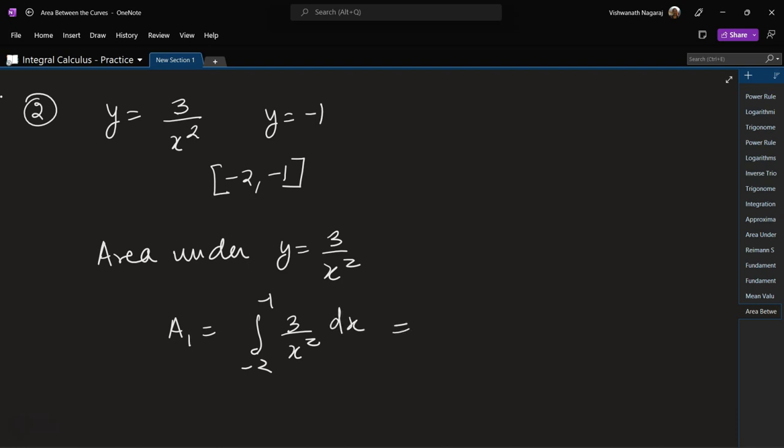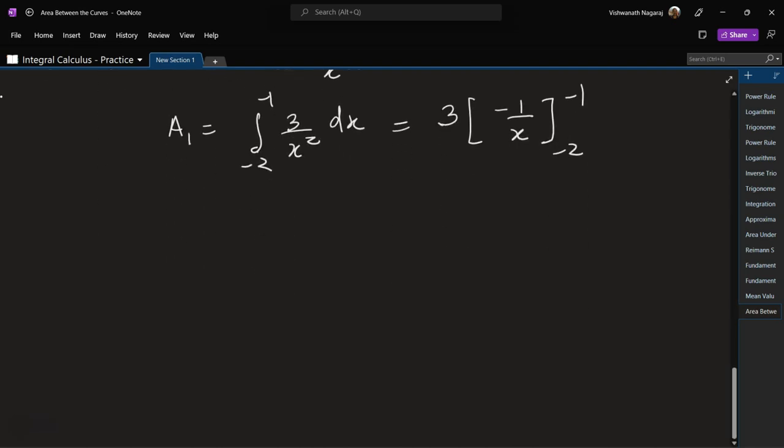3 times, this would be -1 by x, -2 to -1. Now let's evaluate this. So 3 times -1 by -1 minus -1 by -2.